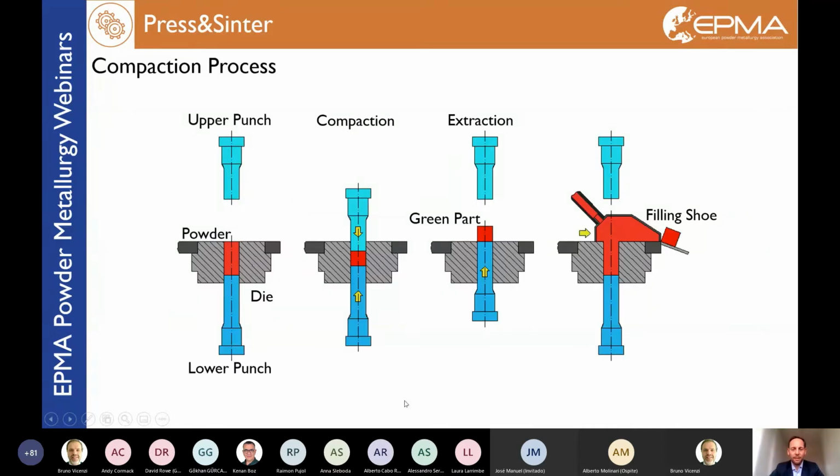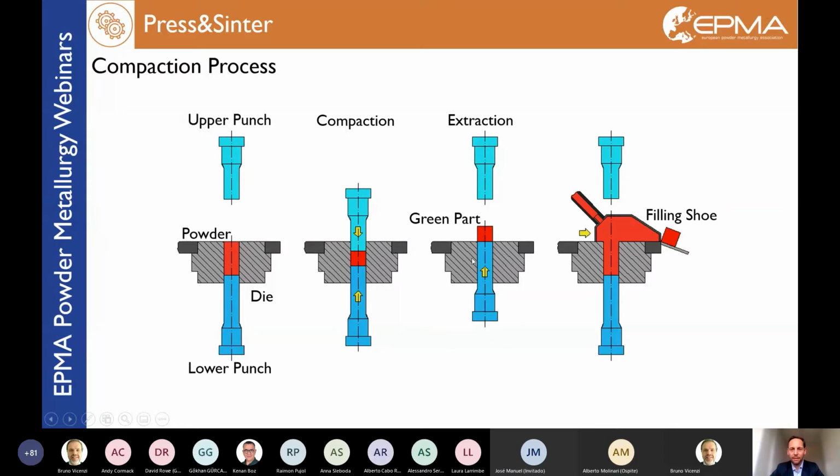Here is shown very simply the conventional pressing cycle. You see here the die, the 2 punches, and the red one is the powder. Filled, it has an apparent density of 3 point something, and is afterwards compacted, let's say, to half of the length, to density 7 point something.